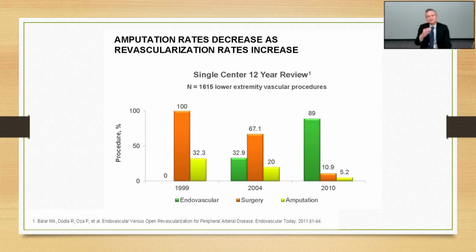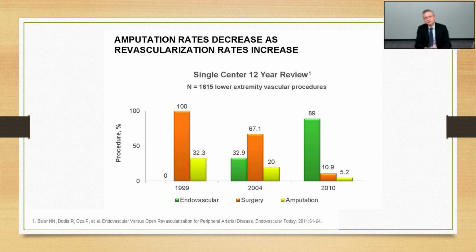And you can see the percentage of surgical bypass goes down over time, right? From 1999, it was 100%, 2004 was 67%, and in 2010, it was 11%. And then look at the green bar over time. The green bar represents the percentage of endovascular intervention procedures.